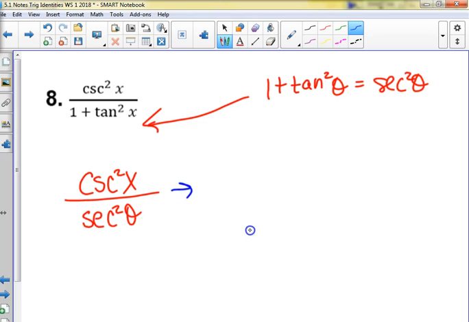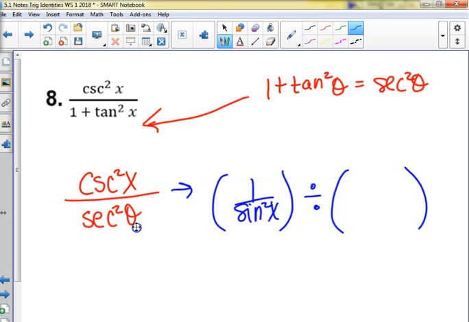Now what? You want to do sines and cosines? Okay. So the top is currently what? 1 over sine squared. Can I go ahead and write division this way? Because I think it's clear to some of you. It's divided by what is this bottom, which is 1 over cosine squared. And what happens when we divide? Which one flips?